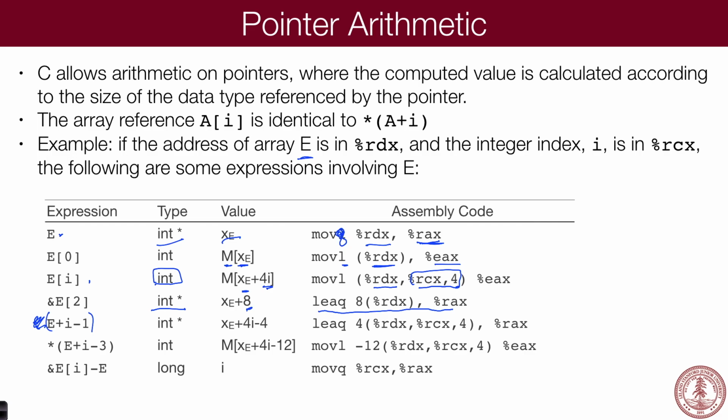Let's do this one. So if it was E plus I minus 1, well, you have to scale both the E and the I. So you're going to have RDX plus 4 times I minus 4, because that will back it up from I minus 1 in this case. And how do you do that?